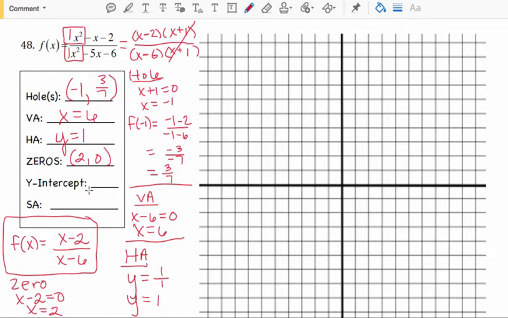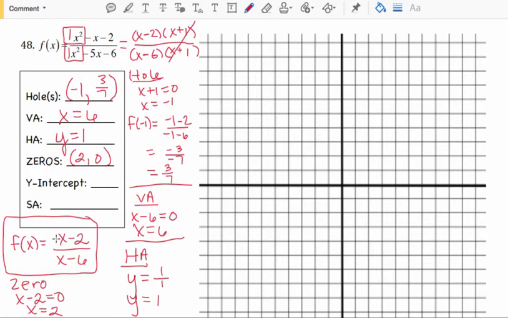Okay, y-intercept is where your x equals 0, and I can plug into the original or sub into the modified, whichever's easier. This time I'm going to plug x equal to 0 into the modified. Usually I go off the original for my y-intercept, but I'm going to go off the modified.